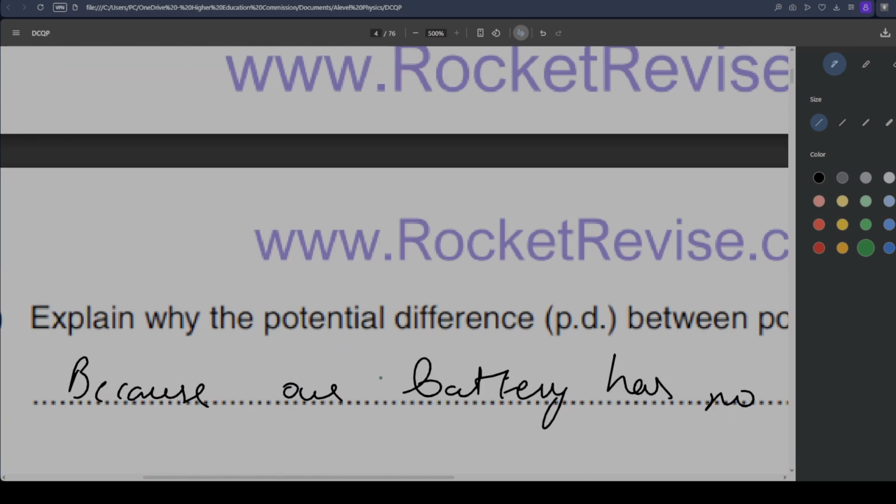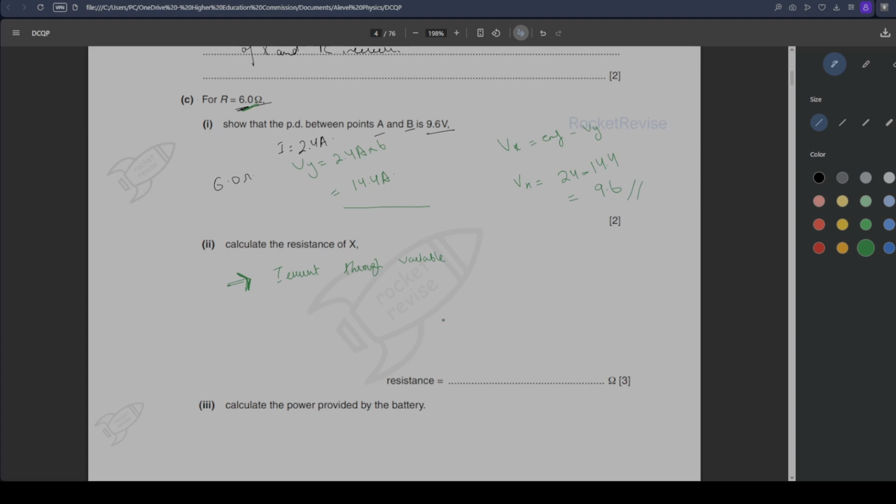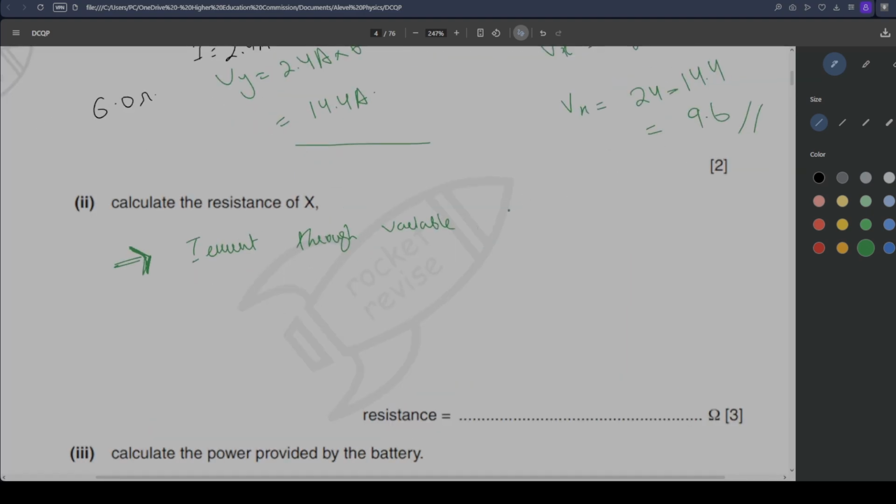Okay, so the current through R: our resistance is 6, our potential difference is 9.6. V is equal to IR, so I is equal to V divided by R. That is 9.6 divided by 6.